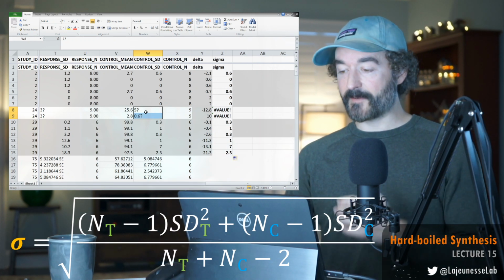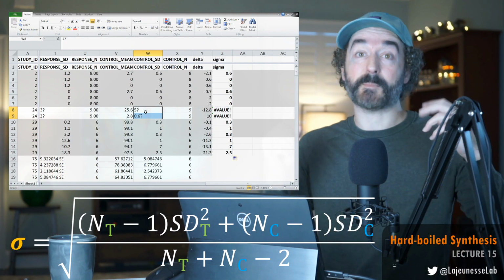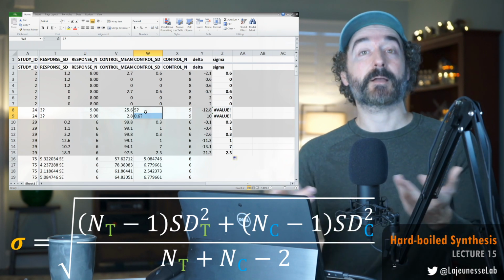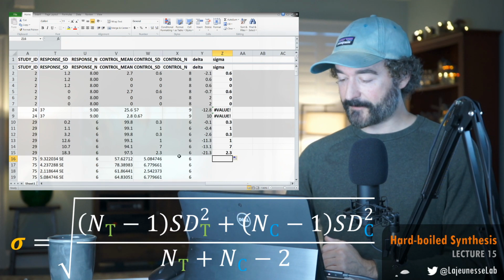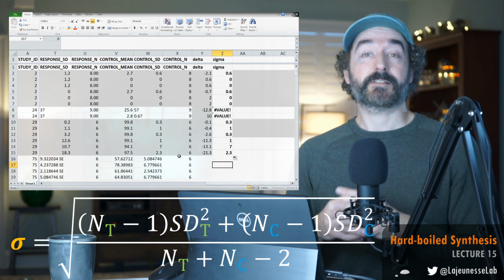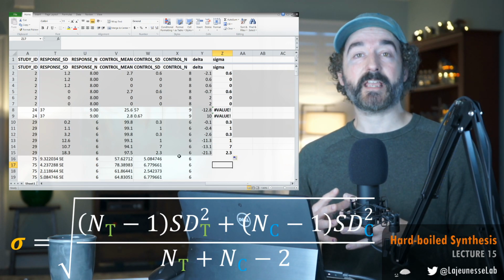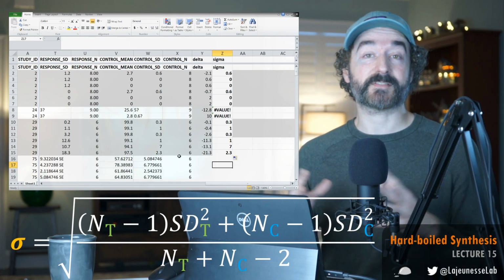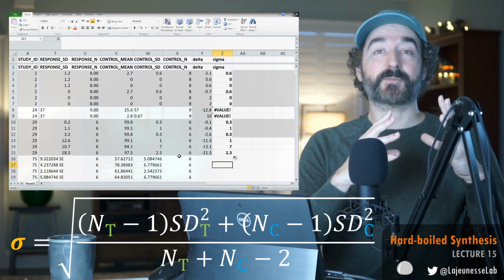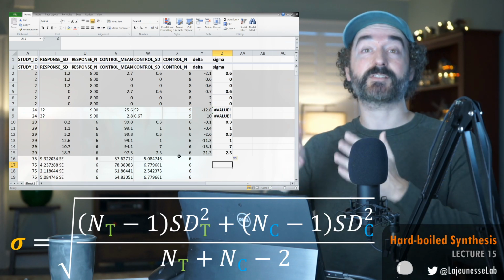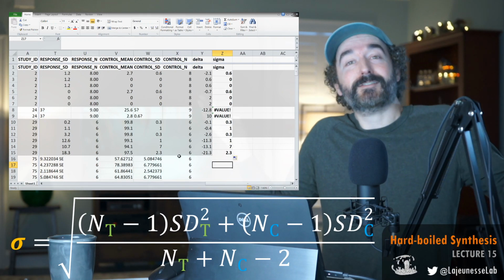And so the goal now is to convert these into standard deviations, assuming they're standard errors. And the equation for that is fairly straightforward. The standard error is the standard deviation divided by the square root of the sample size. And so the standard deviation is the standard error times the square root of the sample size. See, super easy.